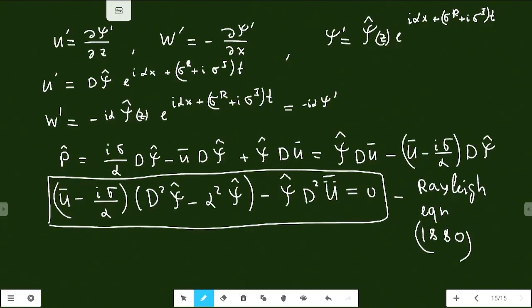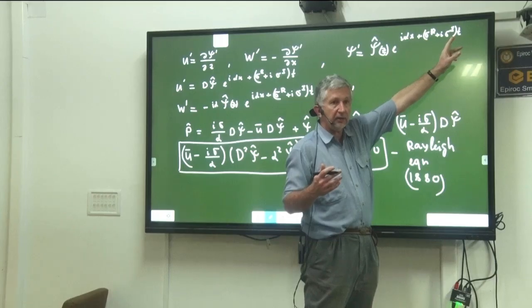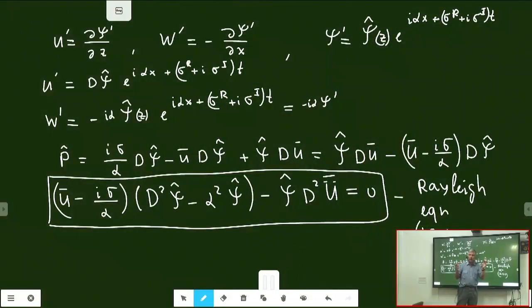Perturbations are characterized by complex amplification rate sigma, which consists of two bits, sigma r and sigma I. Sigma r tells us whether the perturbations grow, and if they grow, then the base flow that we choose is not going to be visible. Or if sigma r is negative, that means perturbations decay and the shape of the base flow that we chose is physically visible.